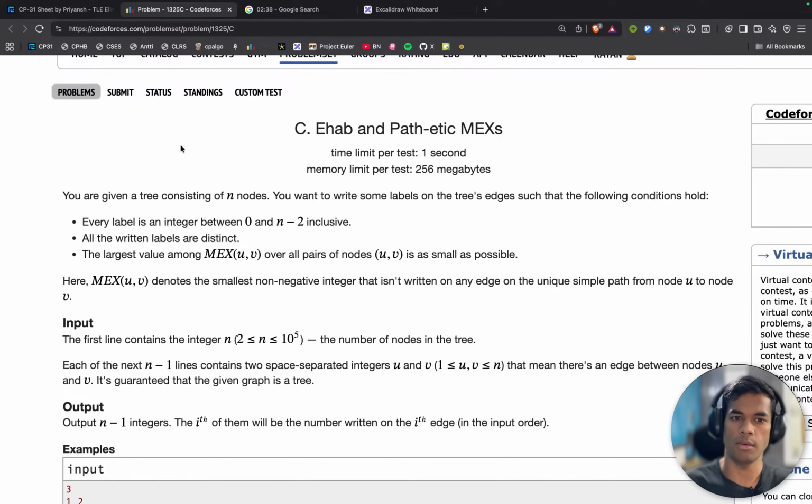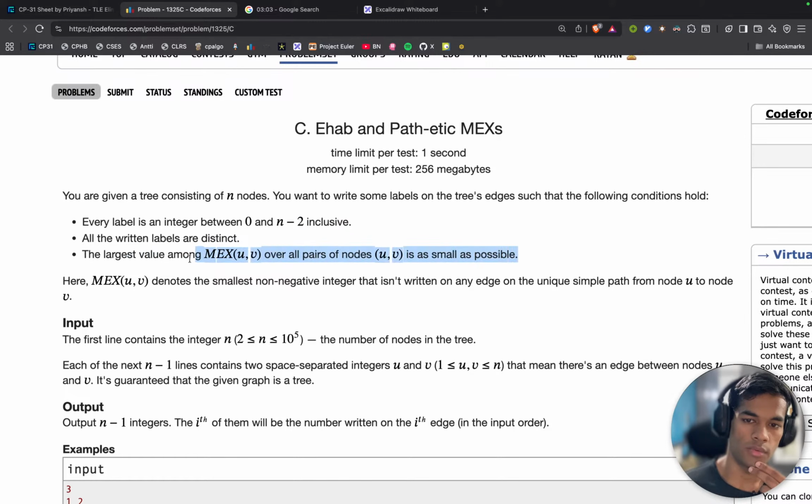Since all labels are supposed to be distinct and there are in total n minus 1 edges to label, and there are n minus 1 labels, we will have to use every label from 0 to n minus 1, which also means that the maximum value is going to be n minus 2.